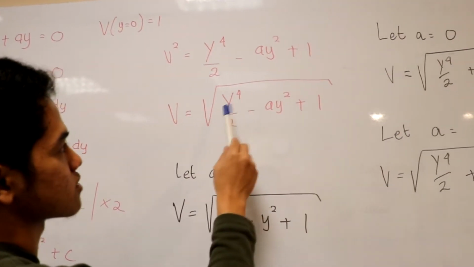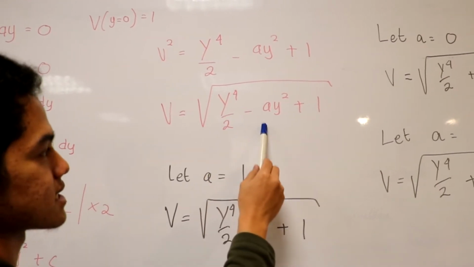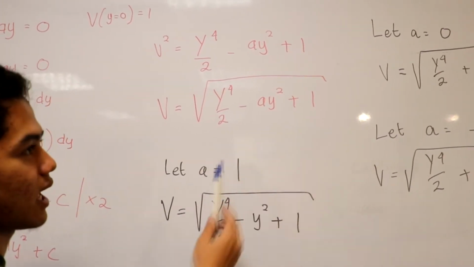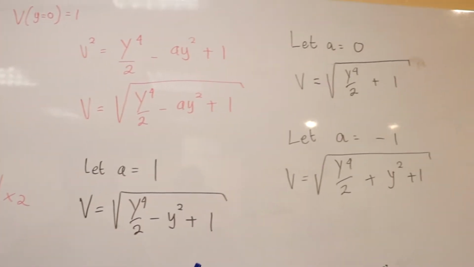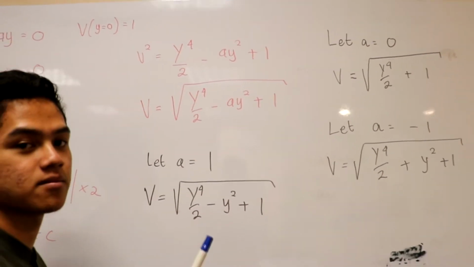And then here we found that v equals the square root of y to the power of 4 over 2 minus ay to the power of 2 plus 1, and we have to set 3 parameters, which are positive, 0, and negative.